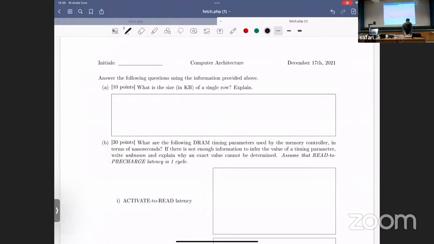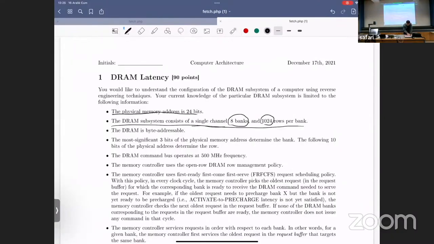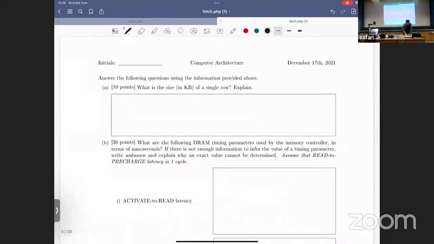The third bullet says that the DRAM is byte addressable, so every physical address will address a byte. And the most significant 3 bits of the physical memory address determine the bank, and the following 10 bits determine the row. So we will use these 4 bullets to solve the first question.